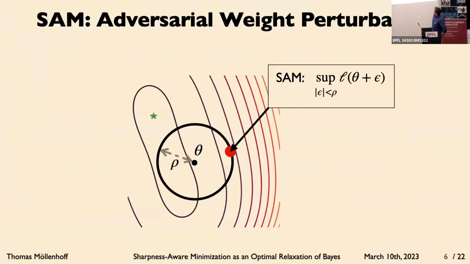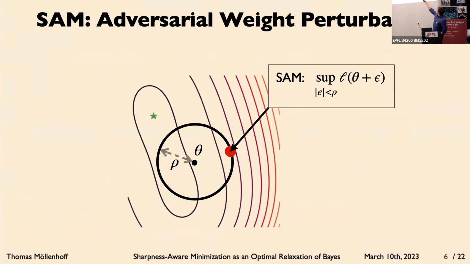It's actually quite simple. The principle behind Sharpness-Aware Minimization is that of adversarial weight perturbation. Yesterday, we've seen quite a lot of methods which perturb your input data to get a robust network, which is not sensitive to input perturbations. Here, we perturb our parameter vector theta. These are the weights of our neural network. And we don't optimize our loss, but we perturb our loss with some epsilon.